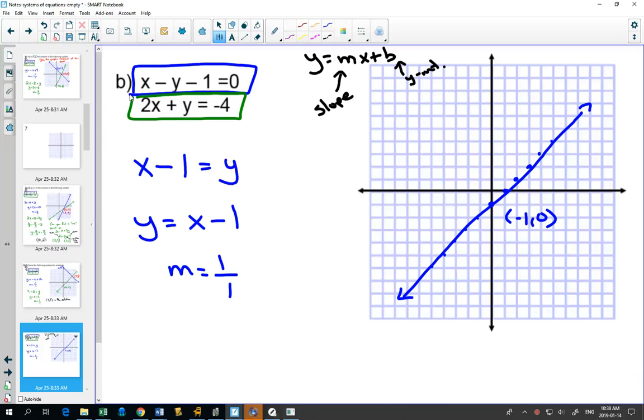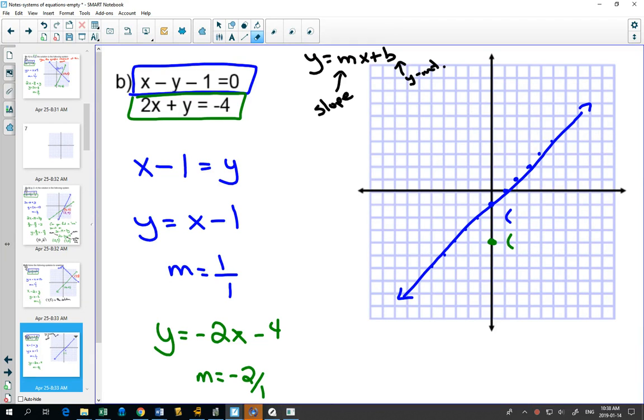My green equation, the y is already positive on the left-hand side, so I'm going to subtract 2x on both sides. That tells me my slope is negative 2. My y-intercept is negative 4. So there's my y-intercept. Oops, it looks like I labeled it wrong, the x coordinate goes first, then the y: 0 comma negative 4.